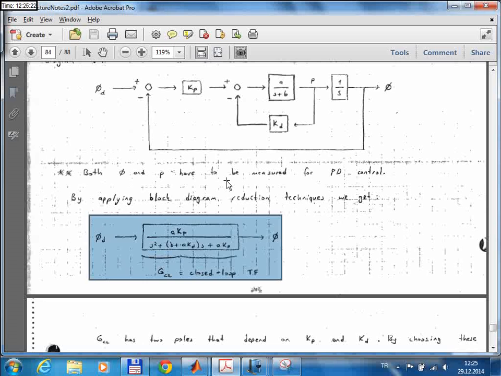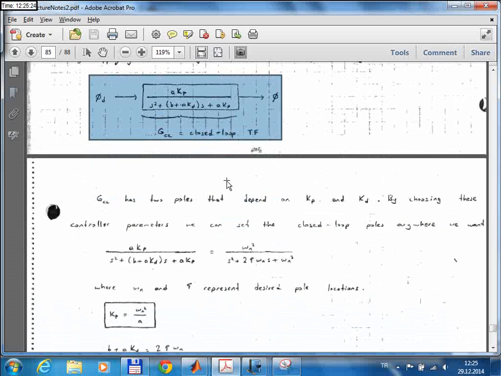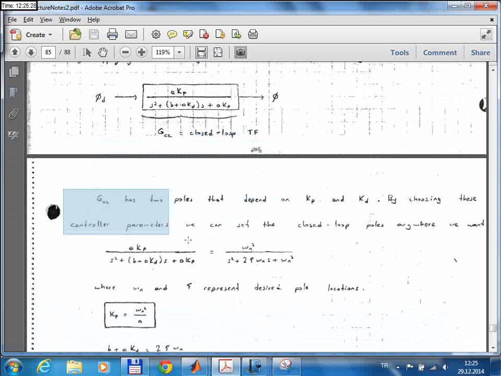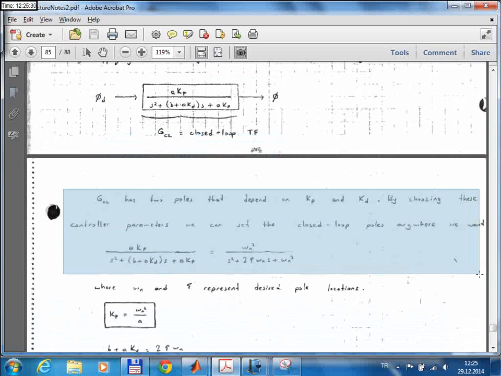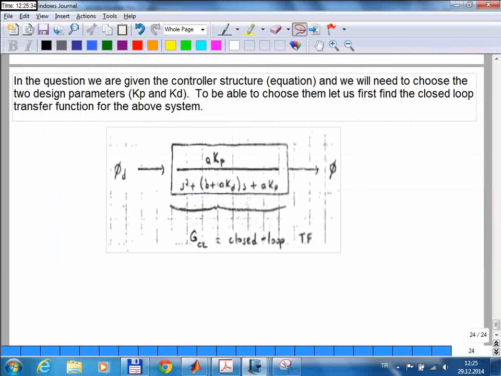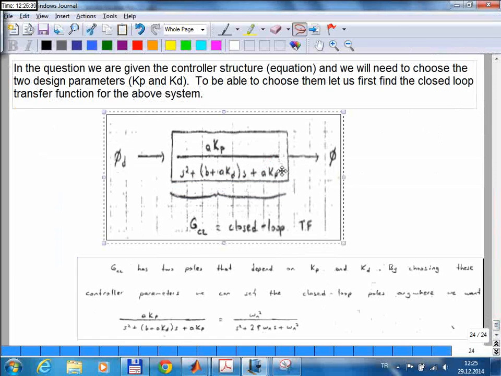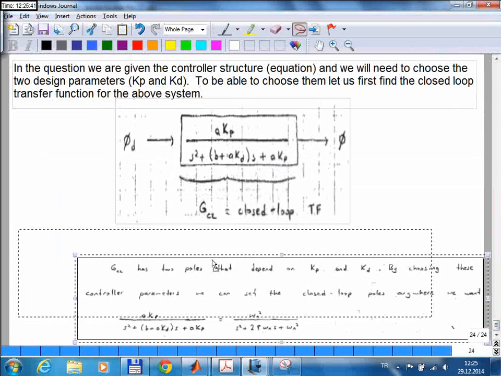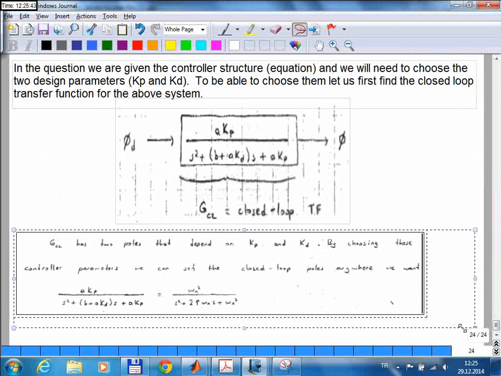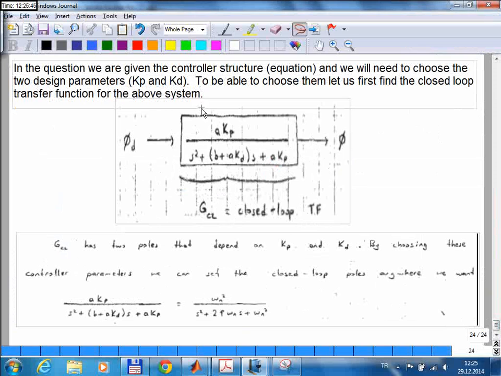Let me just repeat. For a second order system, the pole locations are determined by the coefficients here.